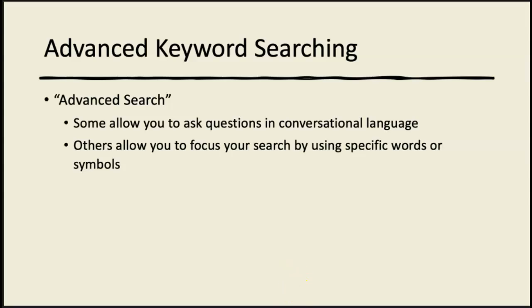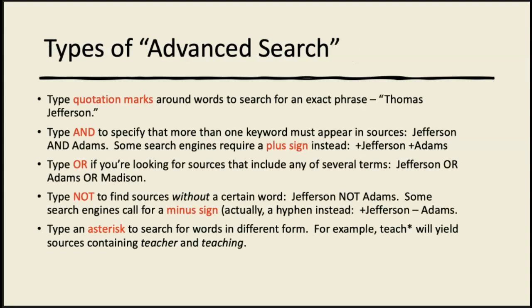In each of these databases, there's a regular search and there's an advanced search. Some of those will allow you to ask questions in conversational language. Others allow you to focus your search by using specific words or symbols. So let's talk about some different formulas, if you will, that you can use. A lot of times, if you think about this search as using a certain formula, it can help you yield the results that you want.